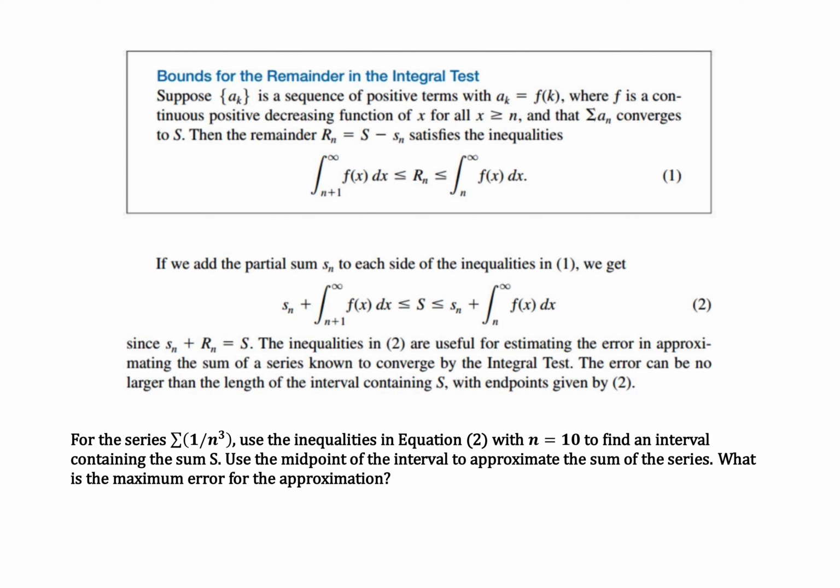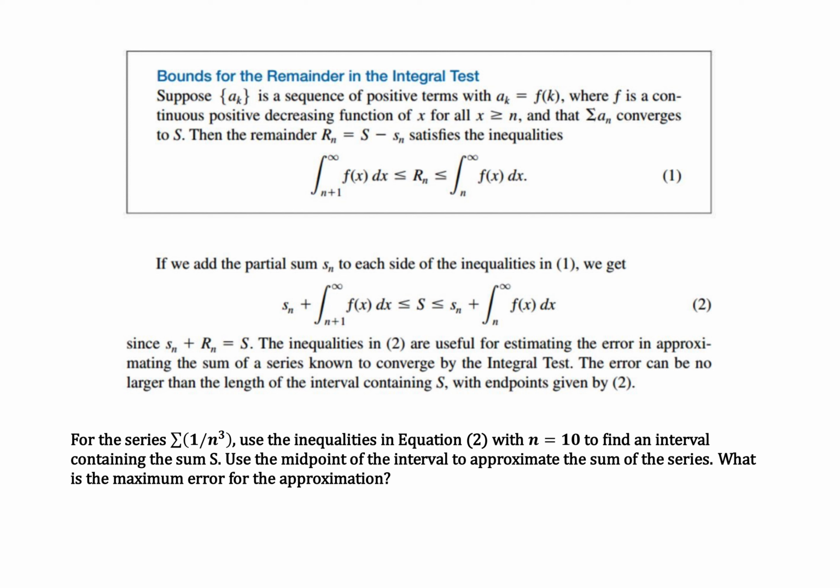So a lot of times we're not actually finding the sum, but we're finding the nth partial sum, for instance. So there might be a difference between the actual sum of the series and the sum of that nth partial sum. And we have a way to try to find the difference between those two values.